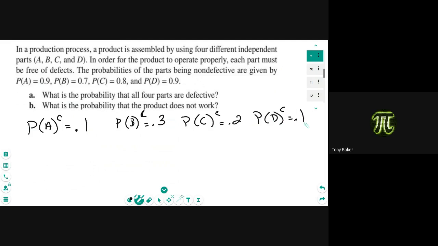All right. So now what's the probability that all four of them will be defective? What do we do with those four numbers? We multiply. Where are you getting these numbers? Right here, subtracting them from 1. The complement is 1 minus. So 1 minus 0.9 is 0.1. $1 minus 90 cents is 10 cents.